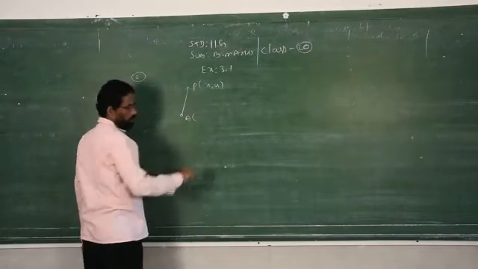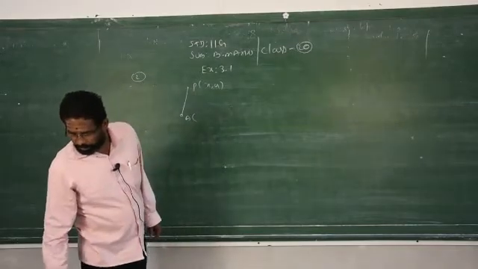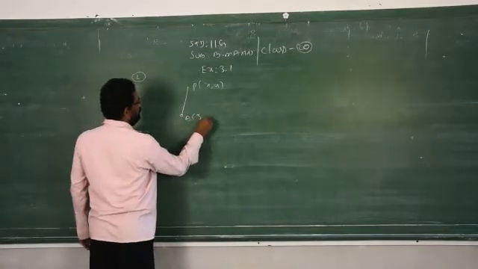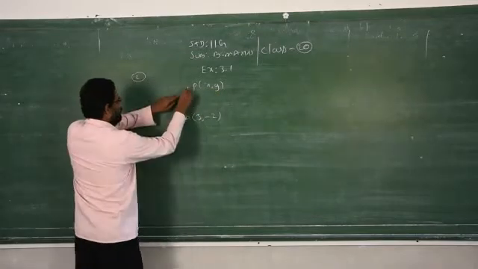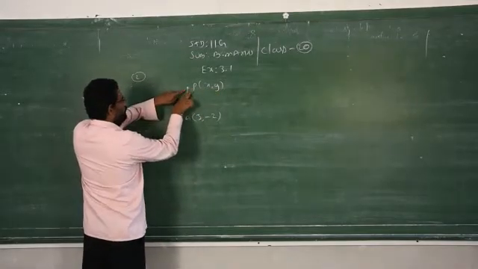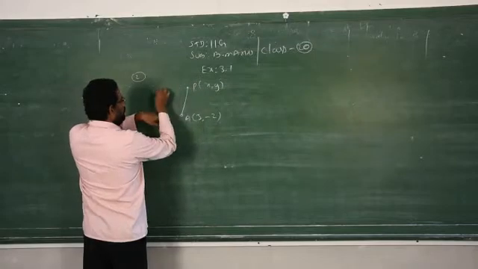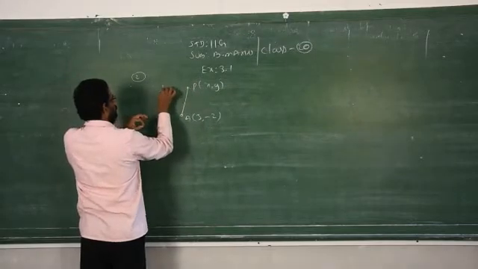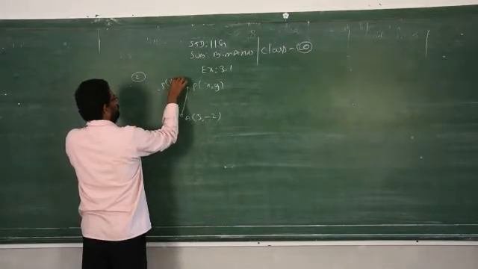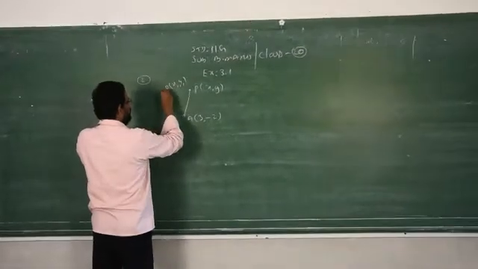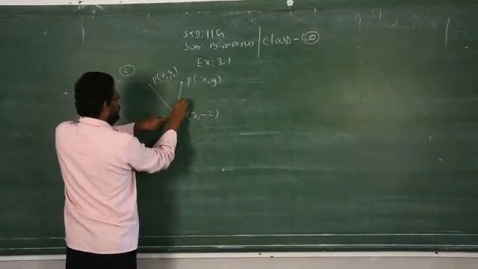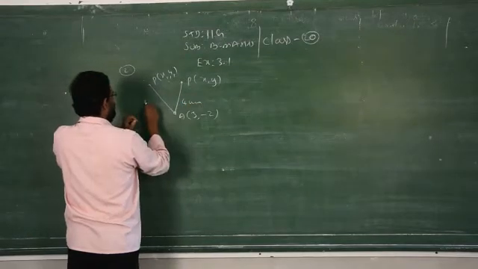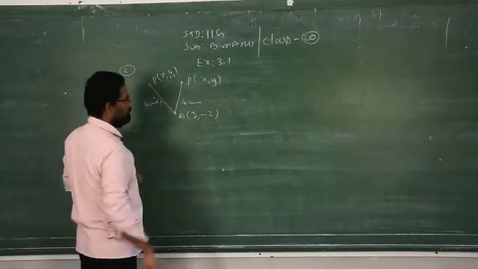You take the given point as A, that is 3 comma minus 2. So, the moving point P x comma y can go anywhere, but the distance from the moving point to the fixed point is always 4 units. It is given in the question itself.